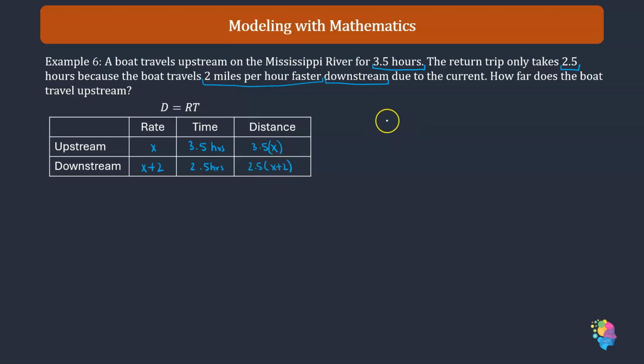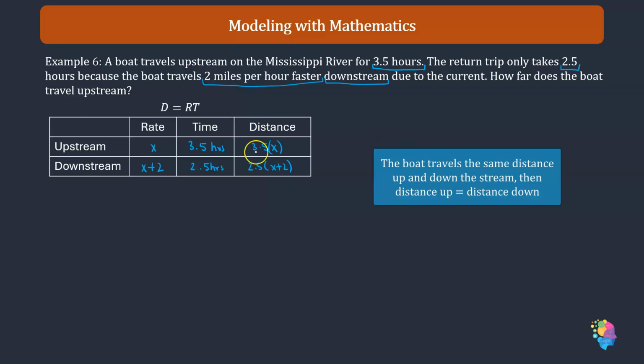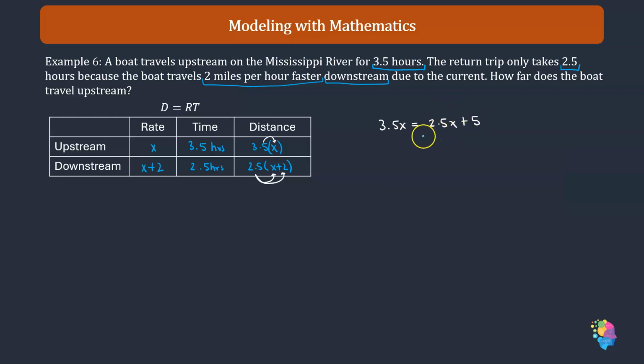So our equation is going to be 3.5 times x will be 3.5x. And 2.5 times x plus 2, that's going to be 2.5x plus 5.